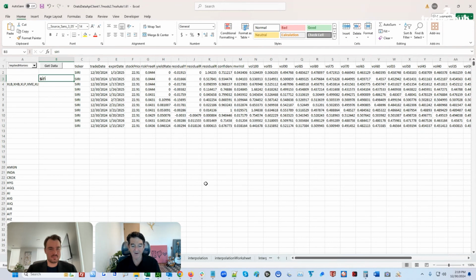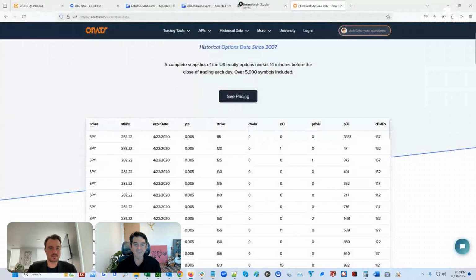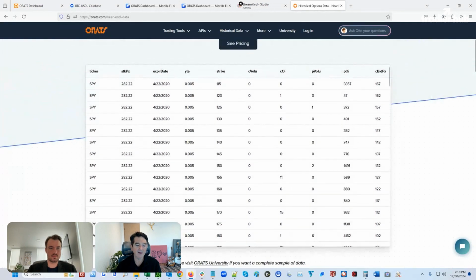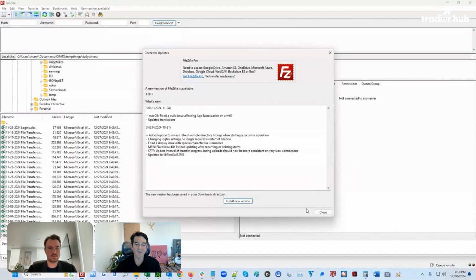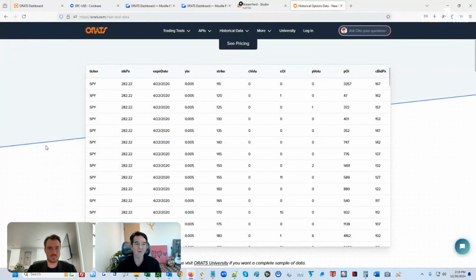But speaking of Excel based, you could download CSVs and get all this information from FTP, and using things like FileZilla, you could go get all this data from our servers as well. So we try to make it as easy as possible.